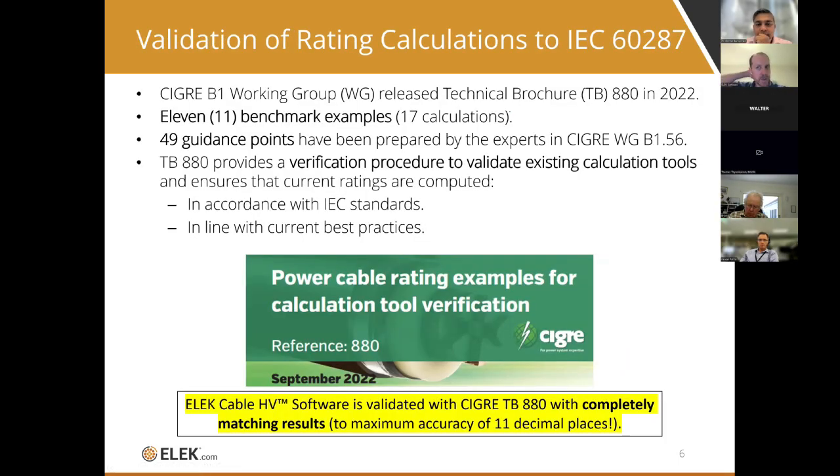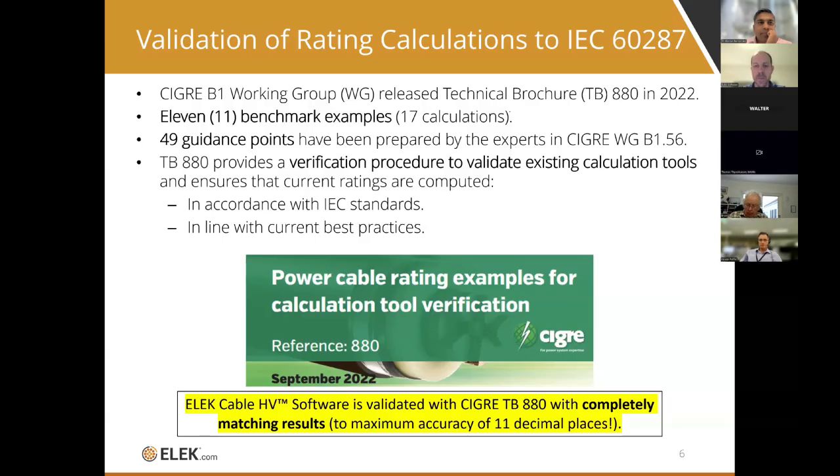Validation of current ratings with IEC 60287. There was a relatively recent technical brochure from CIGRE, TB 880, which cleared up some of the ambiguities in IEC 60287. That was the intention, and it provides 11 benchmarked examples with 17 calculations and 49 guidance points.